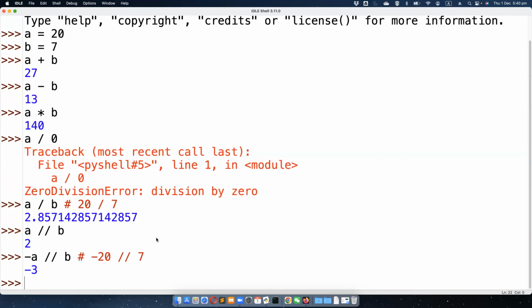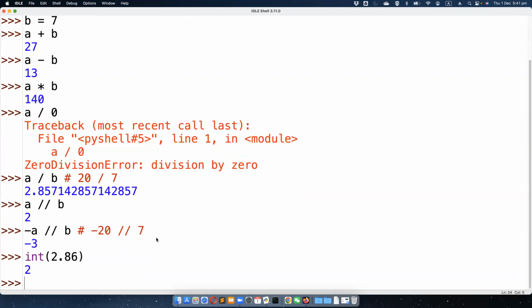So if we want to truncate a real number, we can use Python's built-in int function. For example, we just feed the int function this decimal number, and it will produce only the integer part, and the decimal part is ignored, is truncated.